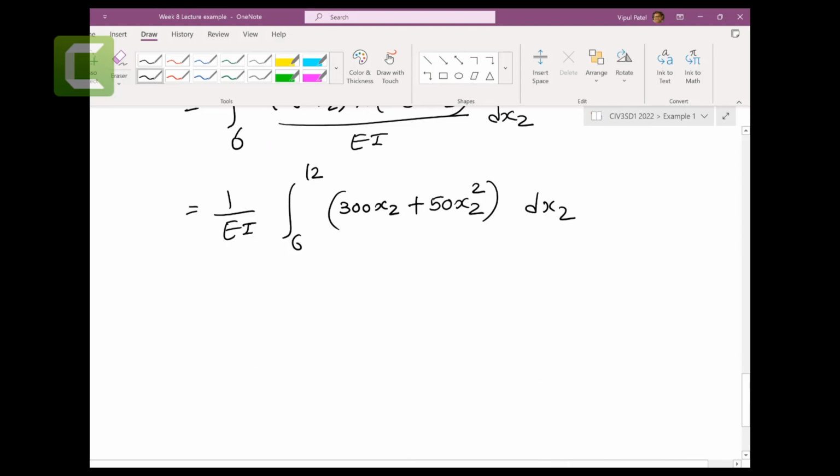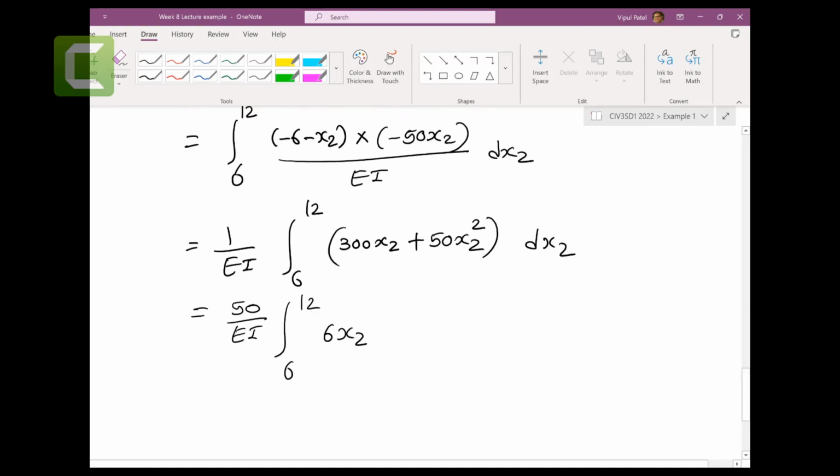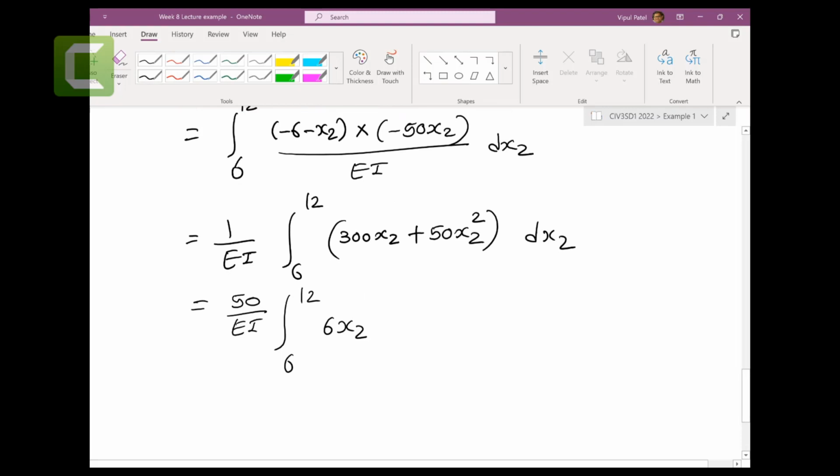Then we are dealing with a small number, so let's take the 50 out. 50 over EI, 6 to 12, of 6x2 plus x2 square dx2.